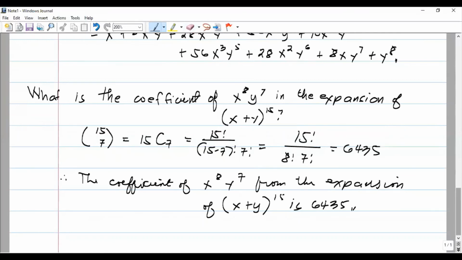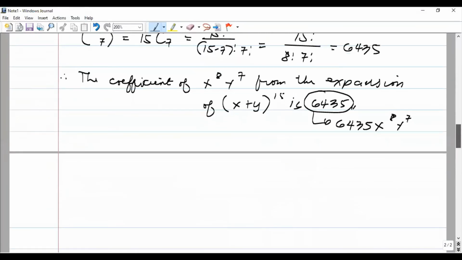So its complete term would be 6,435 x to the 8, y to the 7. But this is our final answer. Okay?